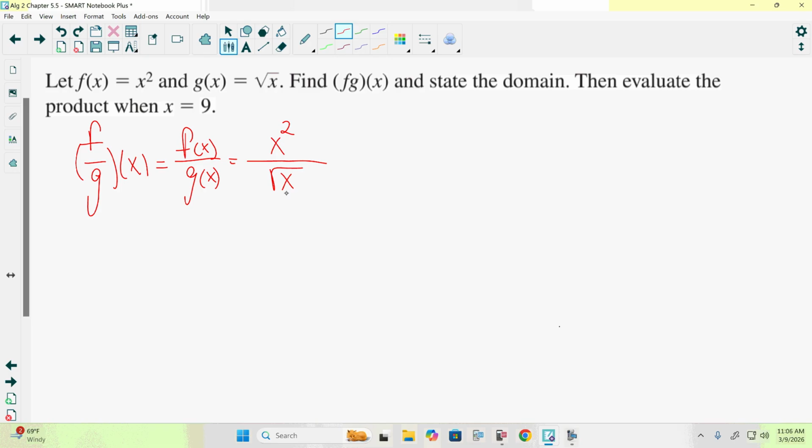You don't have to convert it, because if we wanted to simplify this, we would have to either multiply the top and bottom by square root of x to rationalize the denominator, or turn it into exponential form. But I'm not too concerned with that at this point. This will work. It is not simplified. We normally can't leave it in that form, but I will take it in that form for this assignment.